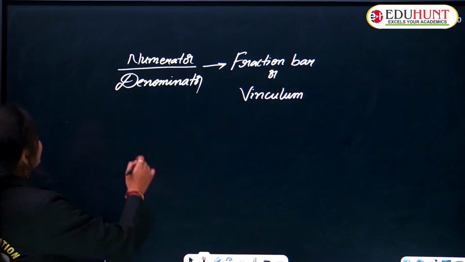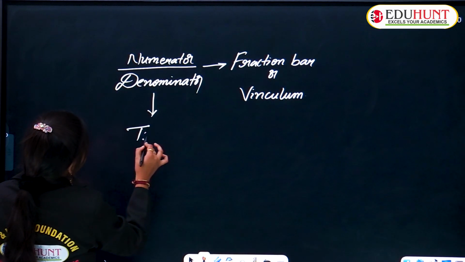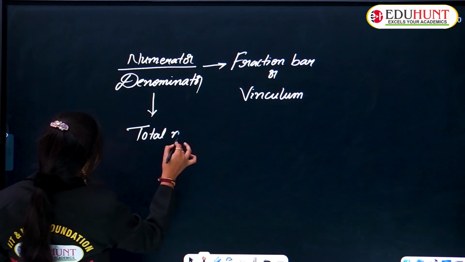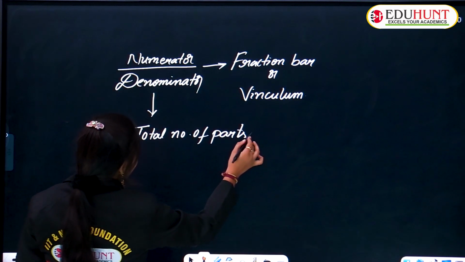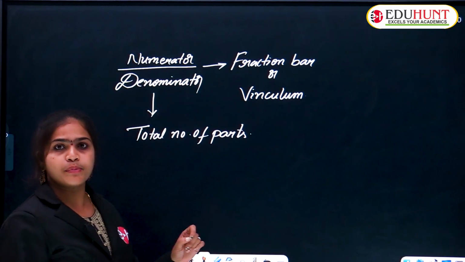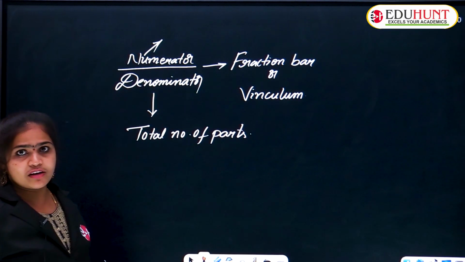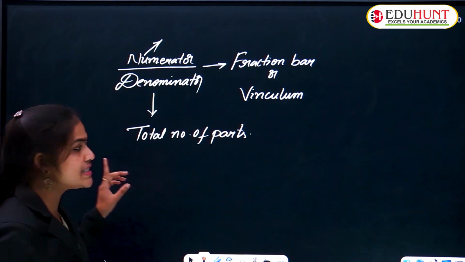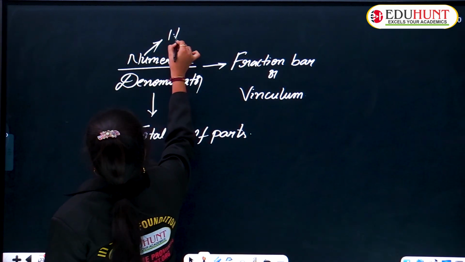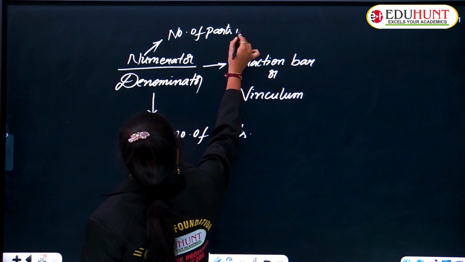The denominator always shows the total number of parts, and the numerator always says the number of parts taken.